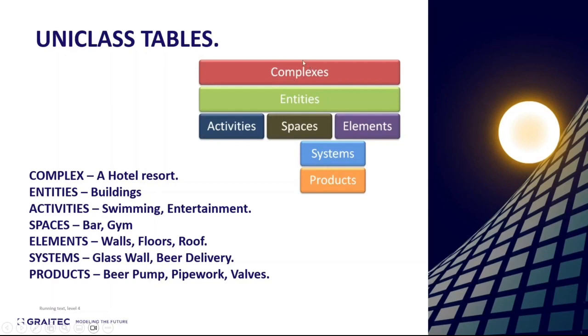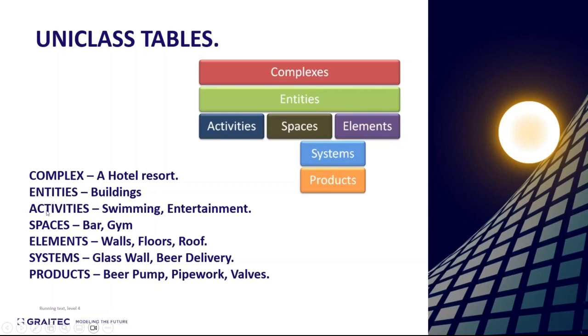So we're dealing with complexes and entities. Those entities would have activities associated with them. So it might be residential, it may be for entertainment, it may be a swimming complex. We have the concept of activities that are associated with the entities.